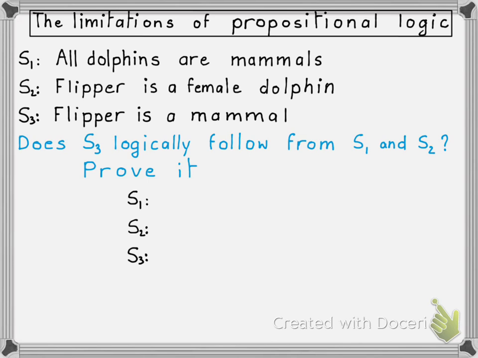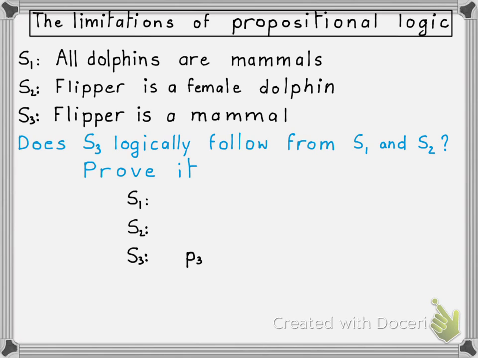Can it be decomposed into smaller propositions? Doesn't look like it. It does not contain any logical connectives. So let's conclude that S3 is an atomic proposition. Let's denote it with logical or propositional variable P3.